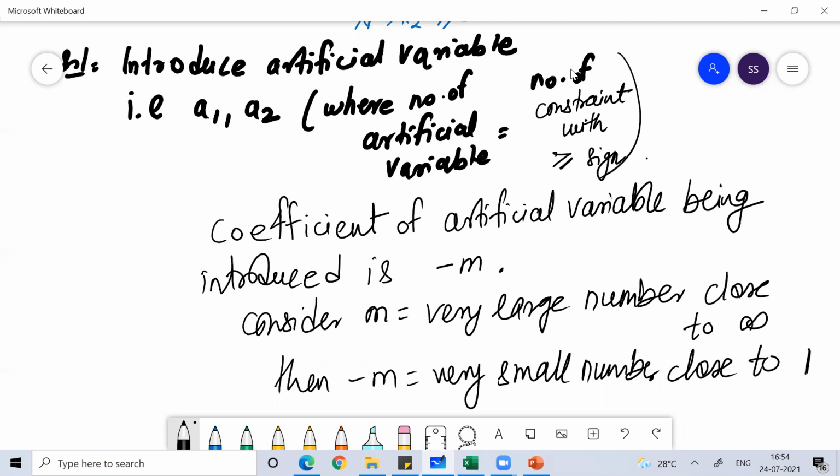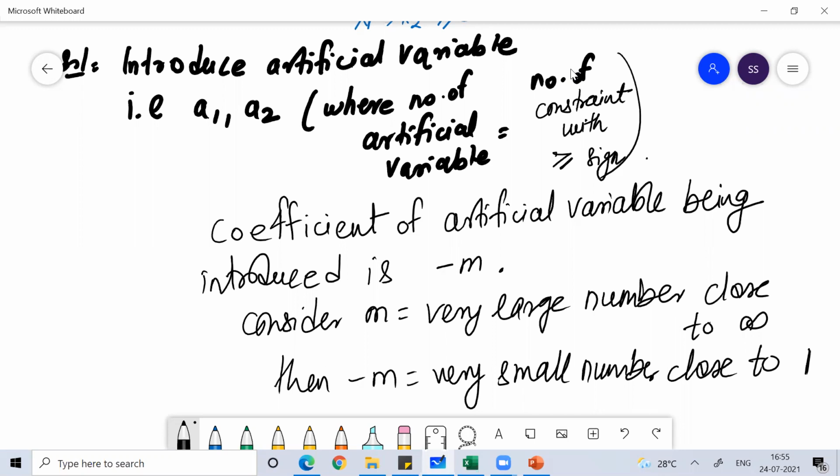So that's why I'm introducing these artificial variables with the coefficient minus M, where M is a very big number close to infinity.